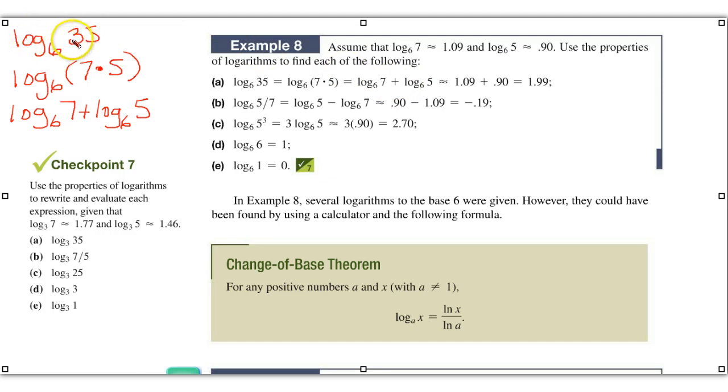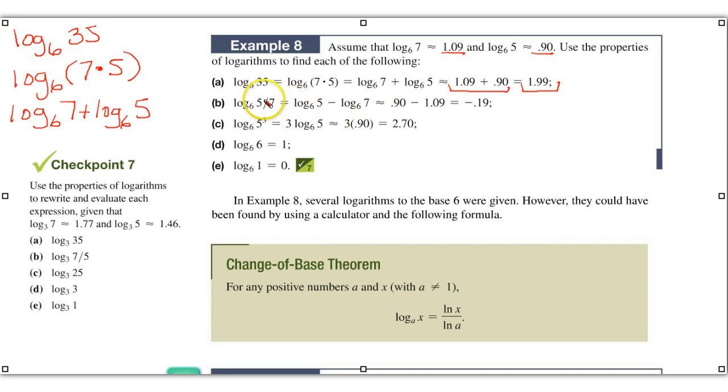Log base 6 of 35. We can take our 35 and put it into its factors, 7 times 5. We can now spread that out and get log base 6 of 7 plus, since this is multiplication, log base 6 of 5. And we have these values. So if we add these values together, we then get our answer.